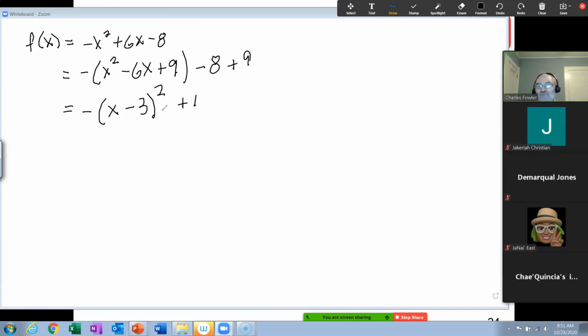This gives you your standard form. Okay, your vertex is going to be 3, 1. It's the opposite of this one, exactly what that one is. There's your vertex. We answered the first part. We've already done that. Okay.